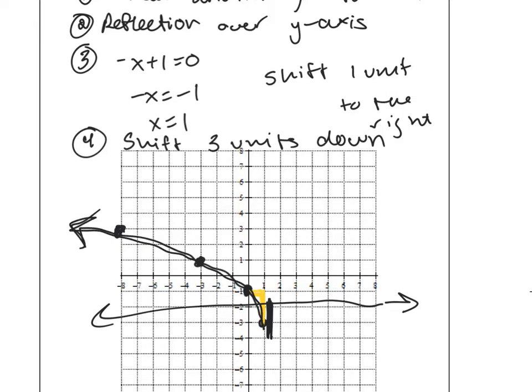We always read the graph from left to right. So we have an open parenthesis at negative infinity, because it is continuous. Now it is from negative infinity to 1, positive 1.